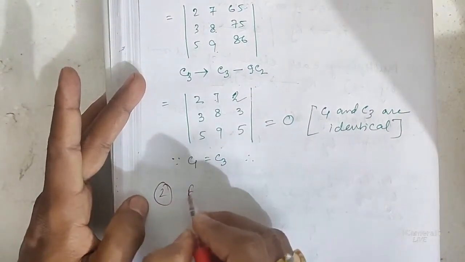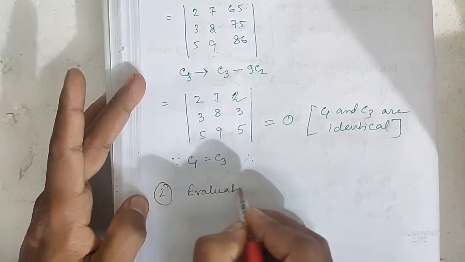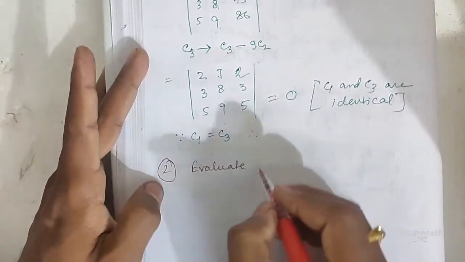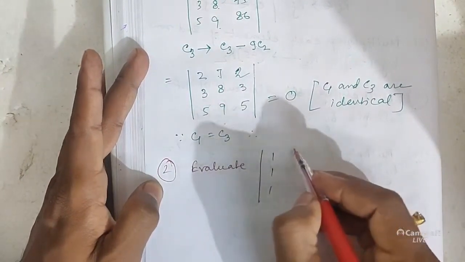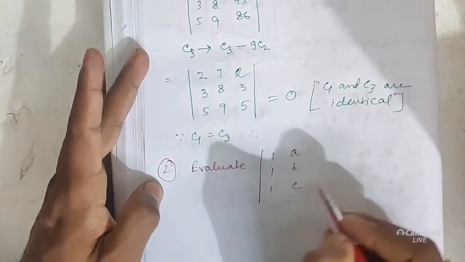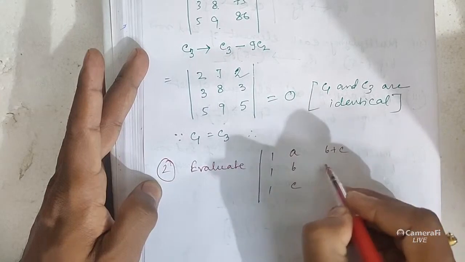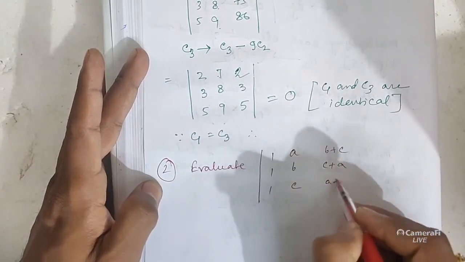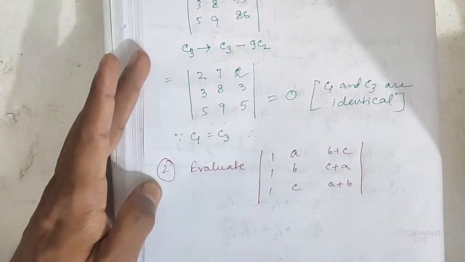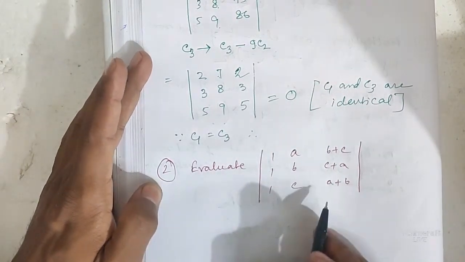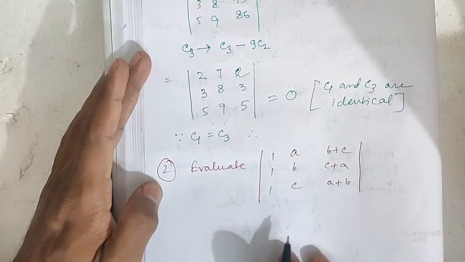Number 2. Evaluate the determinant 1 1 1, A B C, B plus C, C plus A, A plus B. You have to evaluate this and find the value.